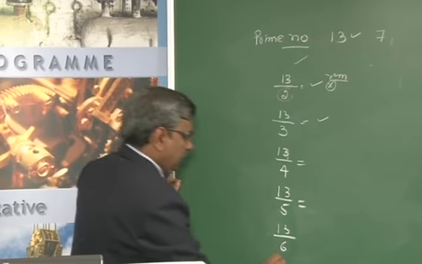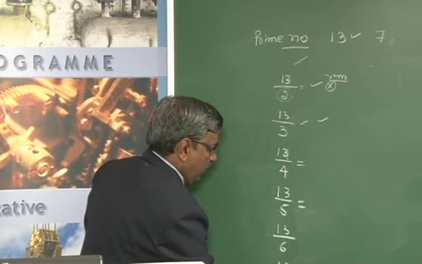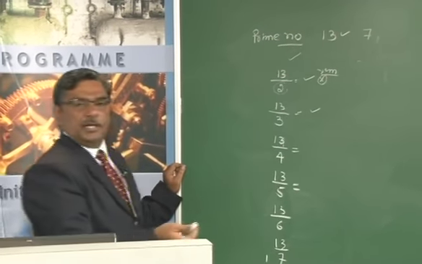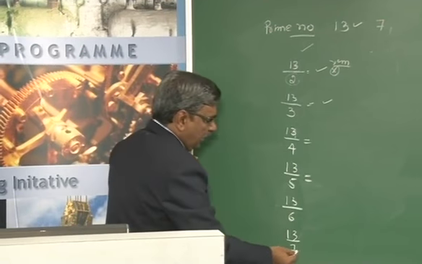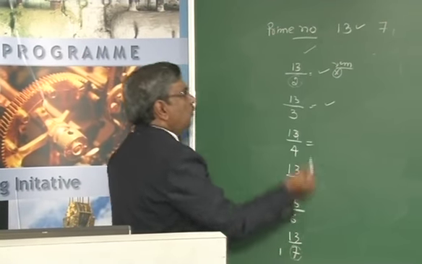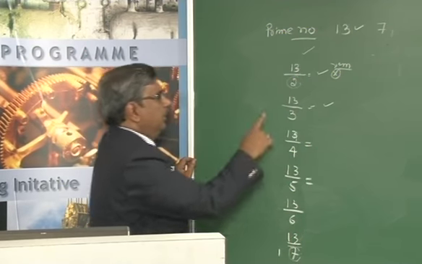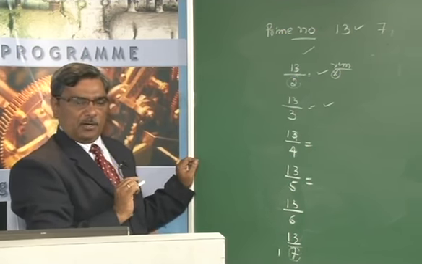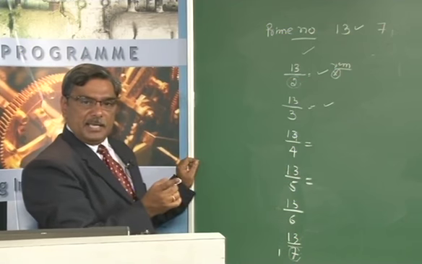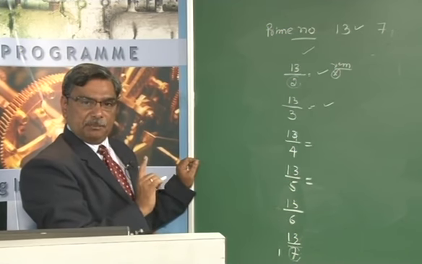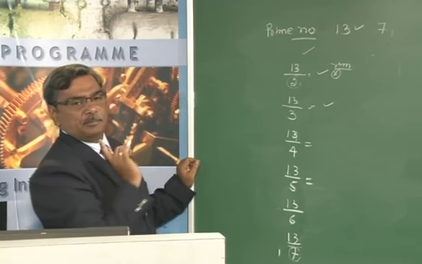Then I will check 13 divided by 7. 7 2s are 14. Then there is no necessity of checking from here onwards. So for whatever number is given, you check whether the remainder is 0 or not; if the remainder is not 0, it is implied that the number is a prime number.